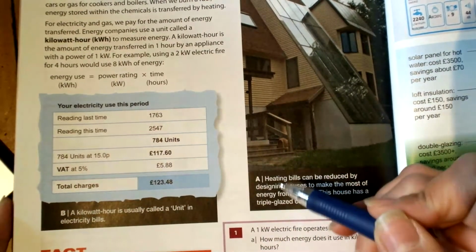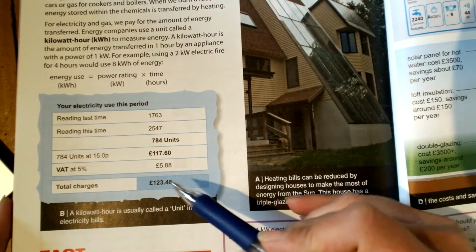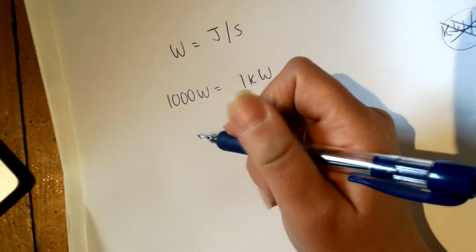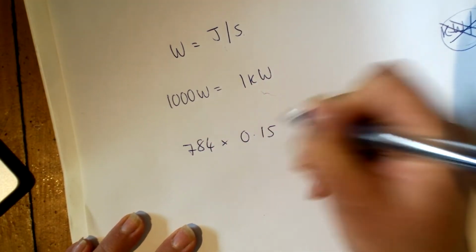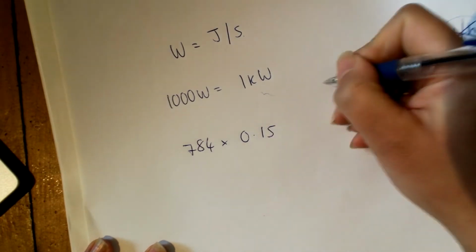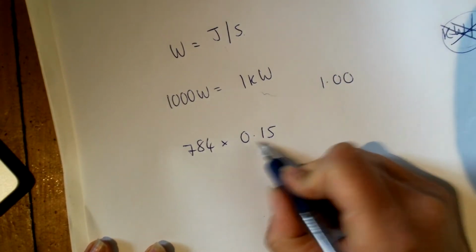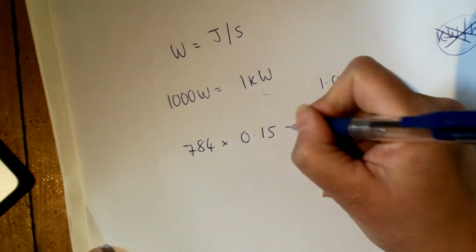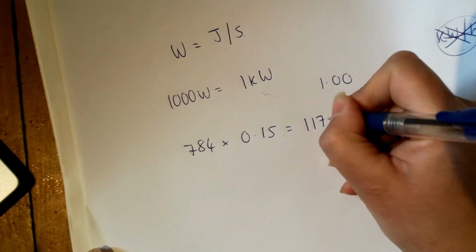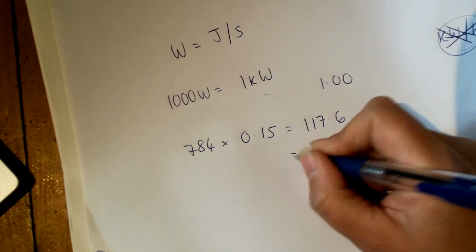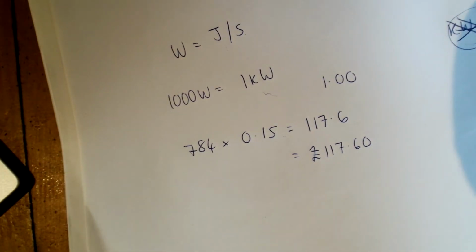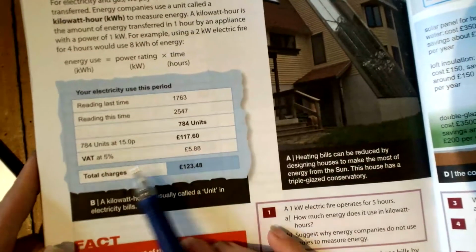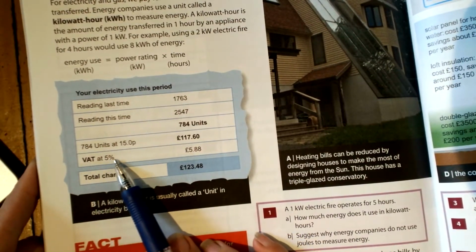I would have done 784 times by 0.15, so I'd have kept it in pounds, which makes the maths a little bit easier, and that would equal 117.6, which is effectively £117.60.